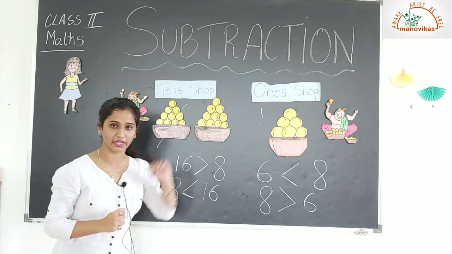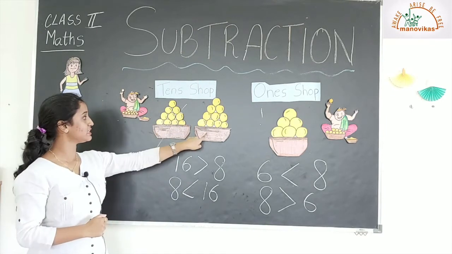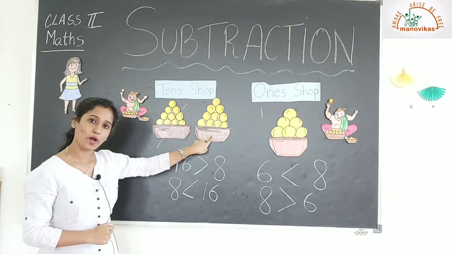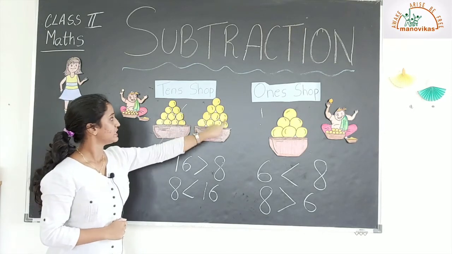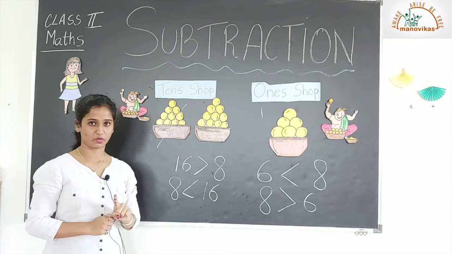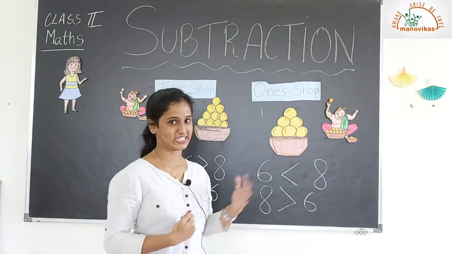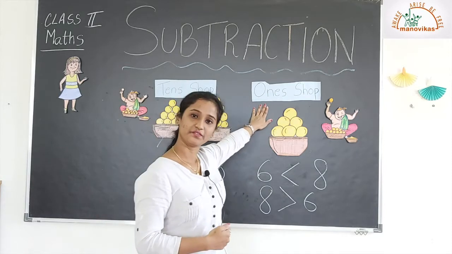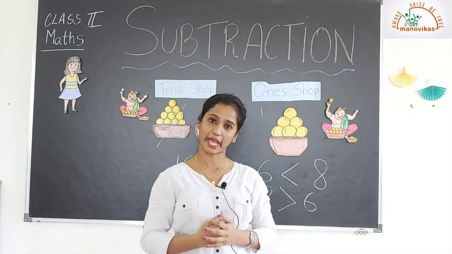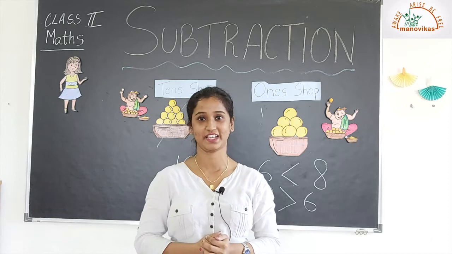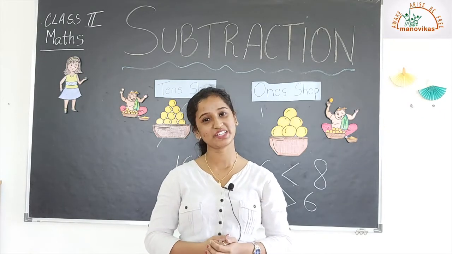Now he gave away one box, so he remains with only one box, that is 10 laddus in one box. So now Sweezel has taken 8 laddus from the 16 laddus from the One's Shop. She went home happily and gave them to her friends. This was the story about Sweezel.